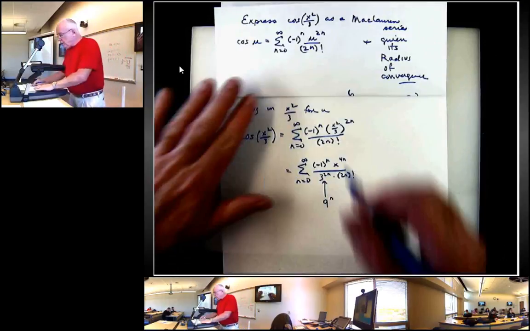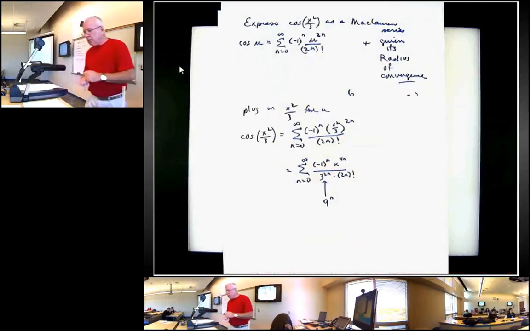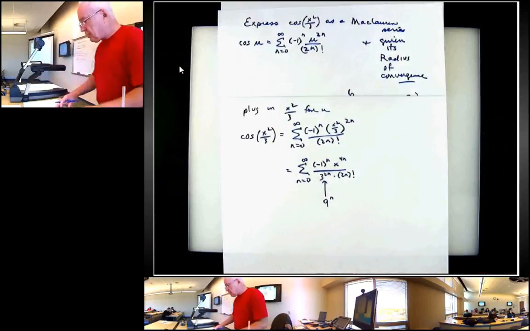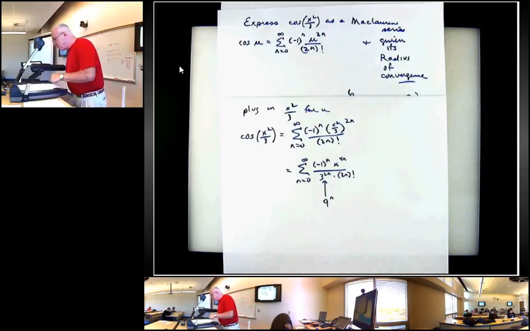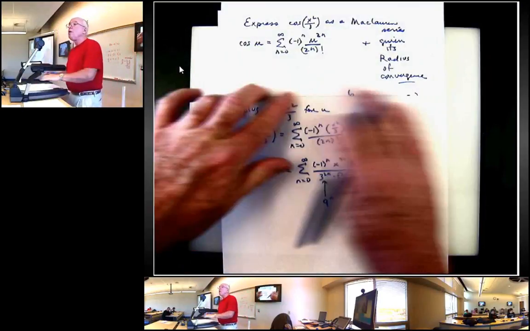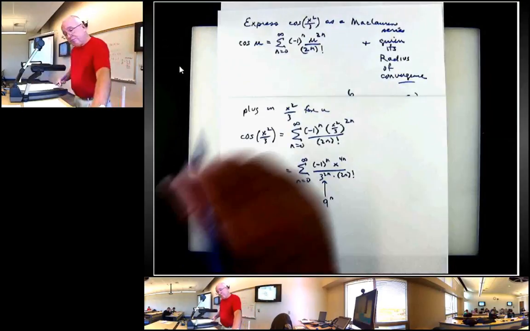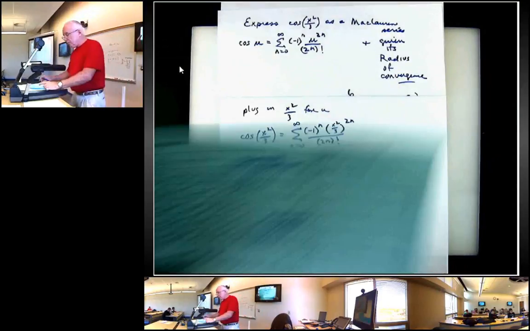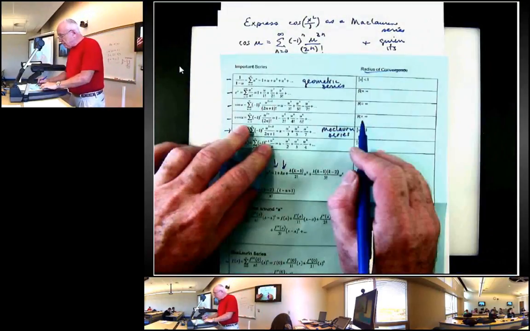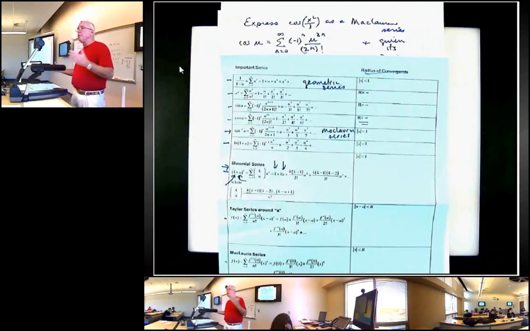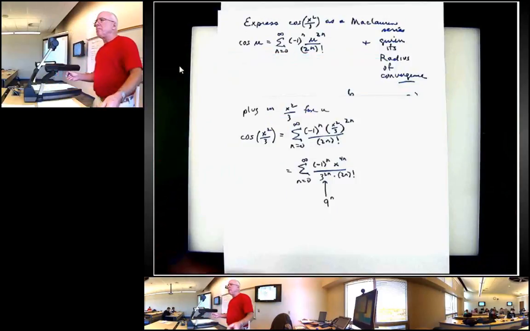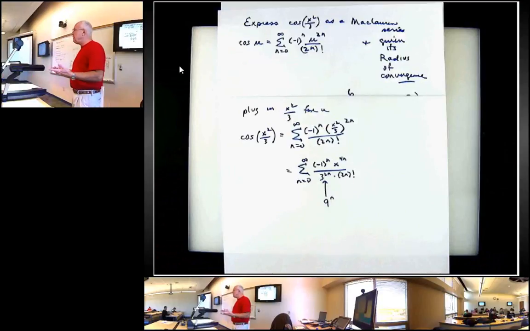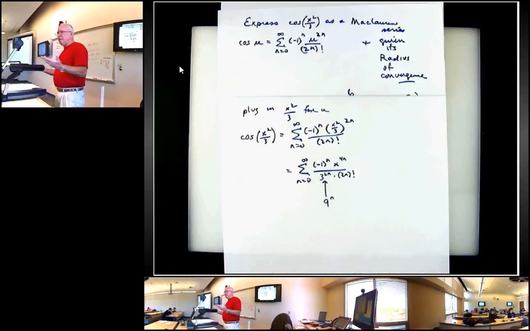Now, let's see, radius of convergence. Actually, that's not such an interesting question after all. This cosine one, if we look here on our paper, the radius of convergence is all numbers from minus infinity to infinity. So the same thing would happen here. The radius of convergence for this would also be from minus infinity to infinity.